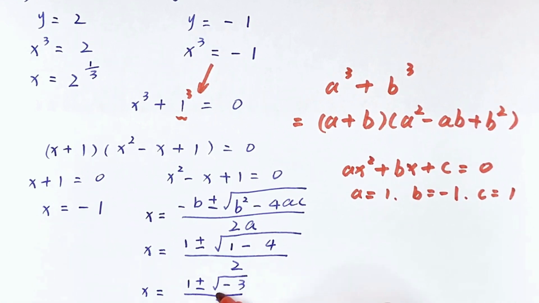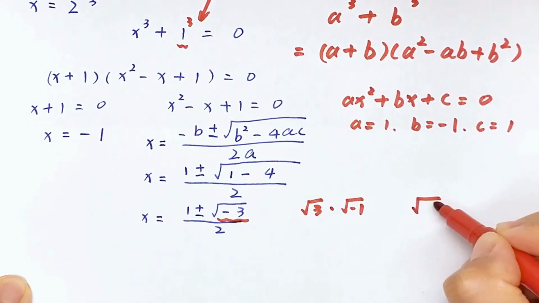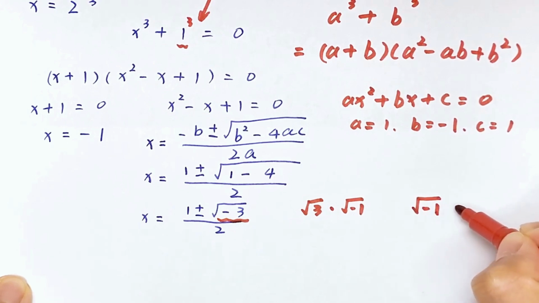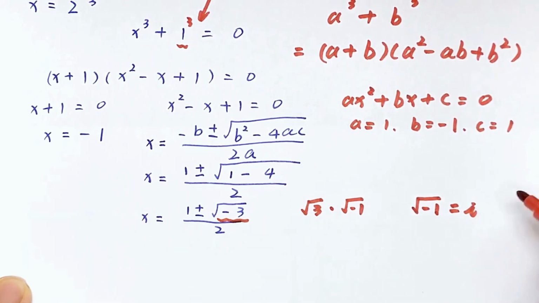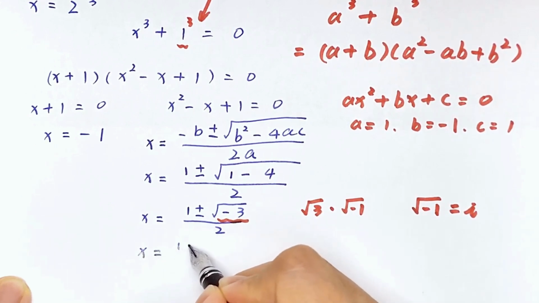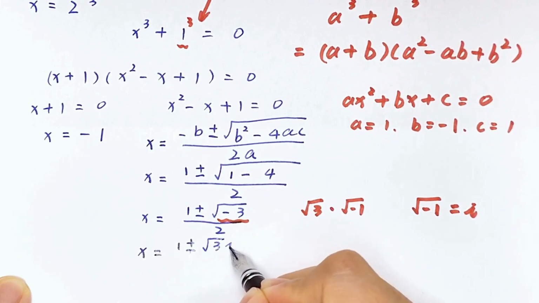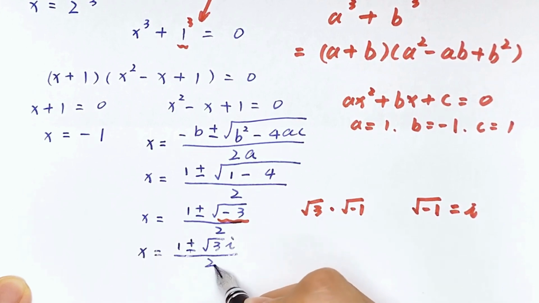Then square root of -3 is the same as square root 3 times square root of -1. And we know square root of -1 is equal to imaginary i. So x is equal to 1 plus or minus square root of 3 i over 2.